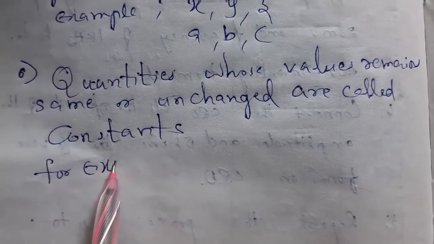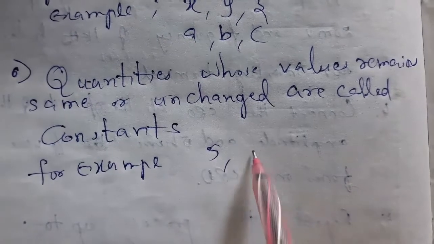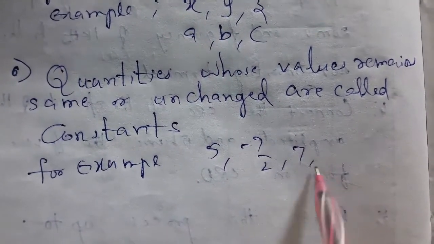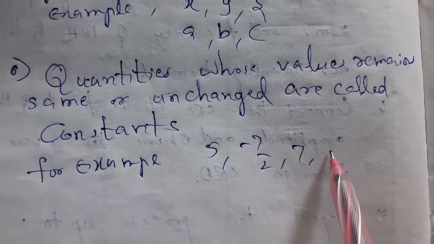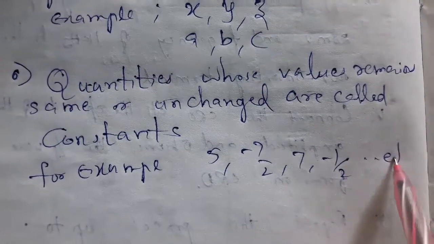For example, 5 is a constant, minus 7 by 2 is also a constant, 7 is also a constant, minus 1 by 2 is also a constant, and so on.